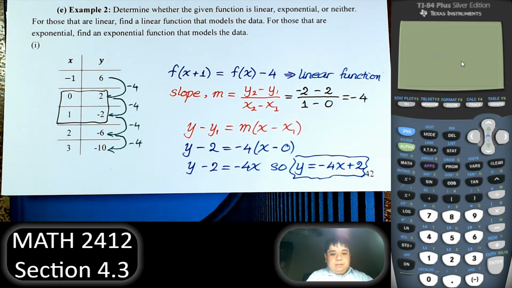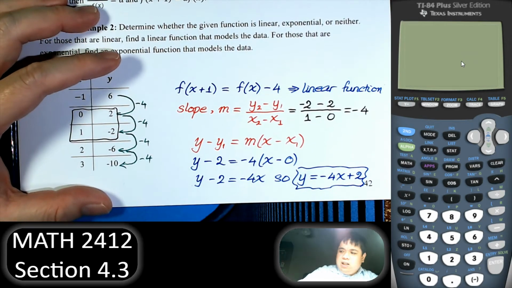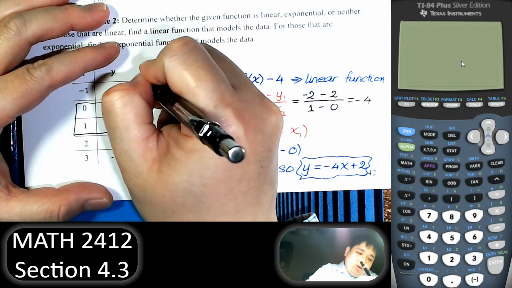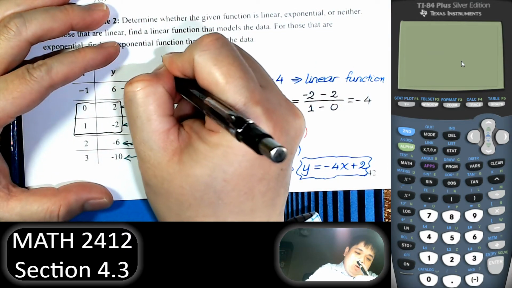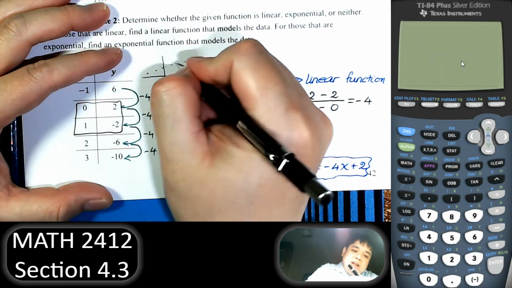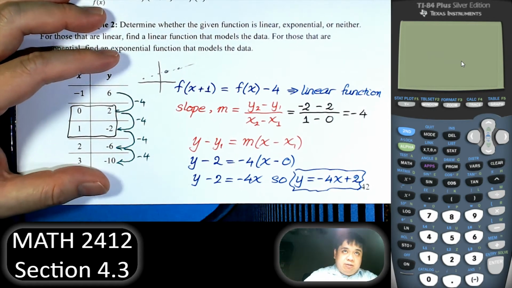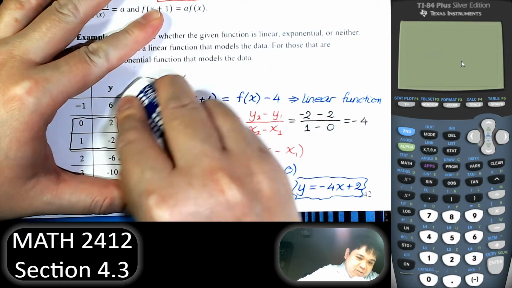Right. So that is the equation of a line. I remember what we did here is way back in the section where we were trying to find the equation of a secant line, where we know all the points lie on the same line. So we just take any 2 points, we find the slope, and then we can find the equation of a line.